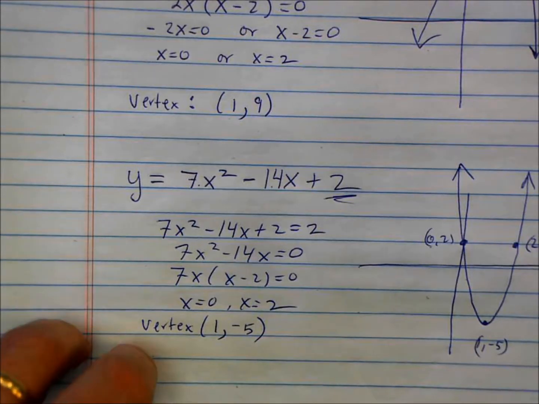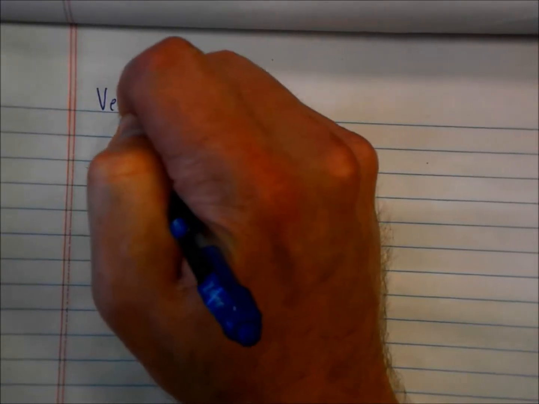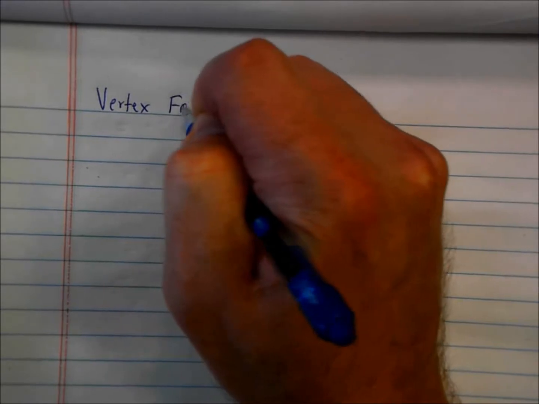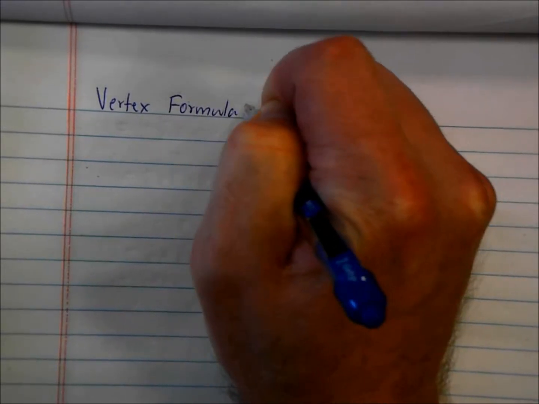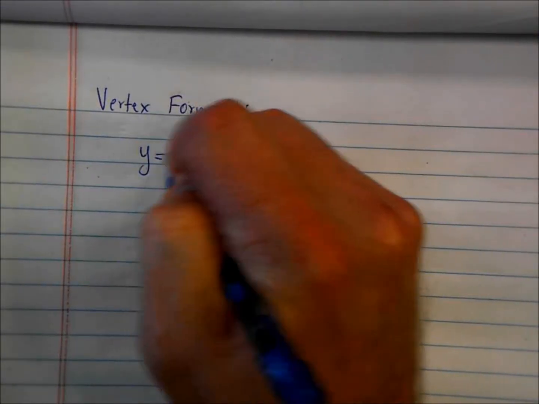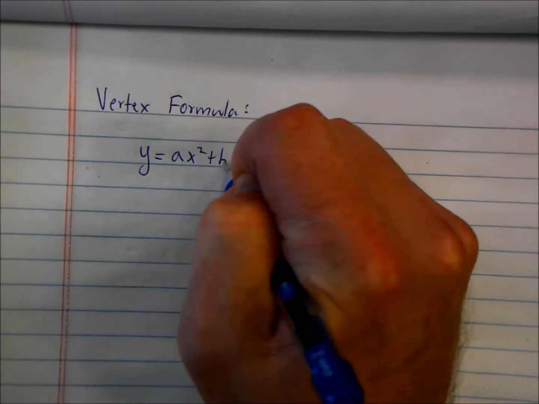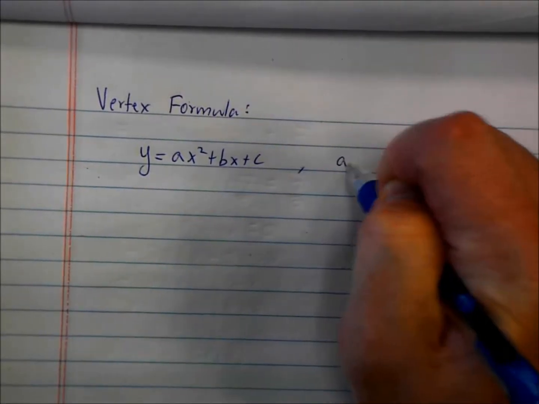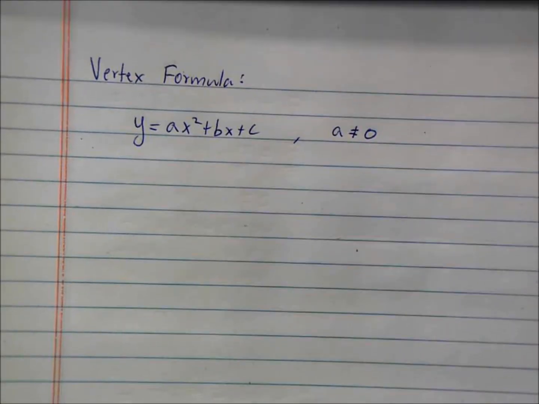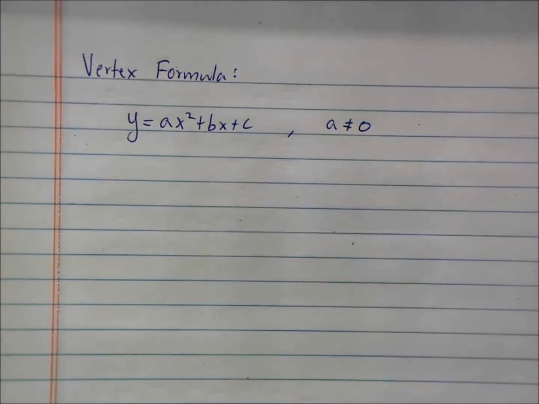All right, well, it turns out you don't have to go through all this process every time. So what we're going to do now is we're going to find a general formula for vertex. So let's just say I have a quadratic function in standard form, y equals ax squared plus bx plus c, but I don't know what any of the numbers are.